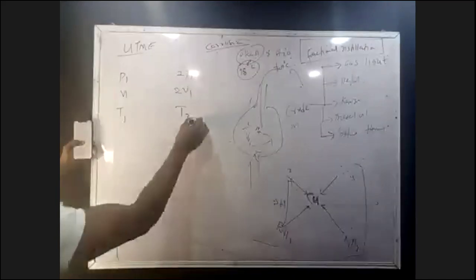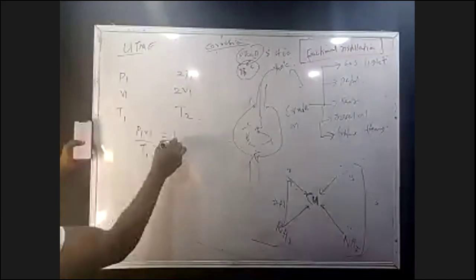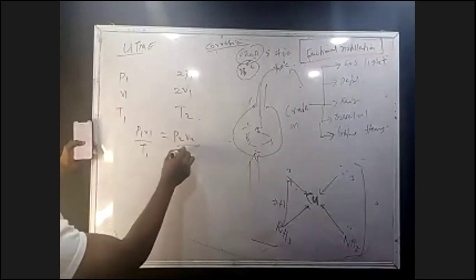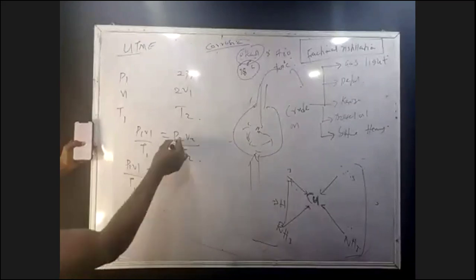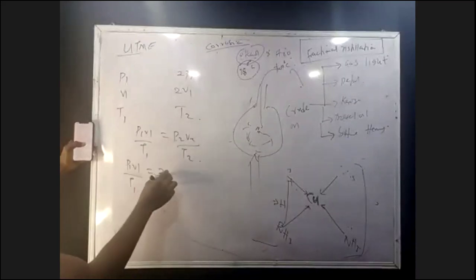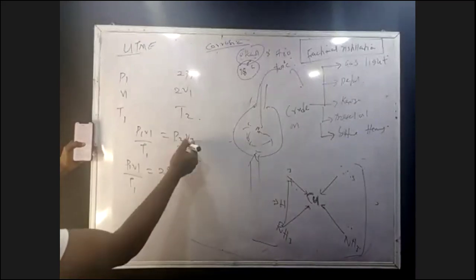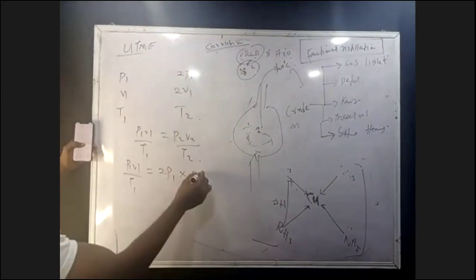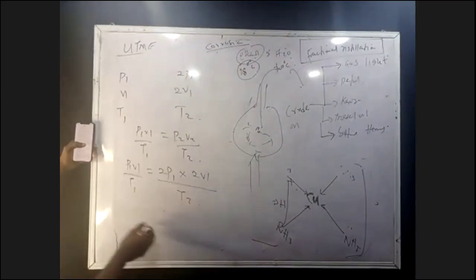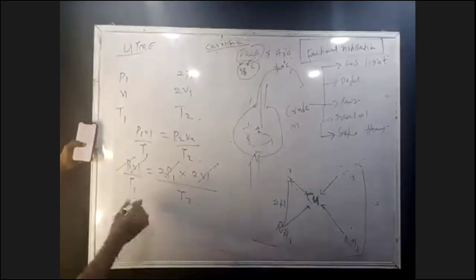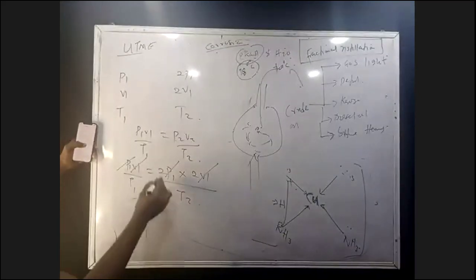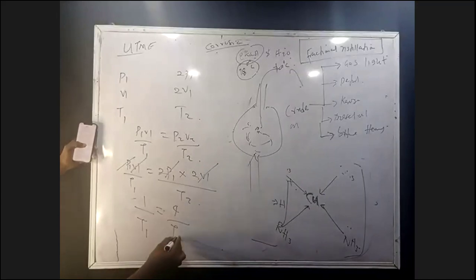What would now be the new temperature? What you do here is P1V1 over T1 equals P2V2 over T2. P2 is double the initial pressure, 2P1, and V2 is double the initial volume, 2V1, over T2. P1 cancels out P1, V1 cancels out V1. So we have 1 over T1 equals 2 times 2, 4 over T2.